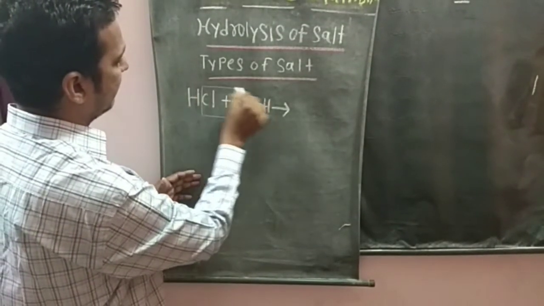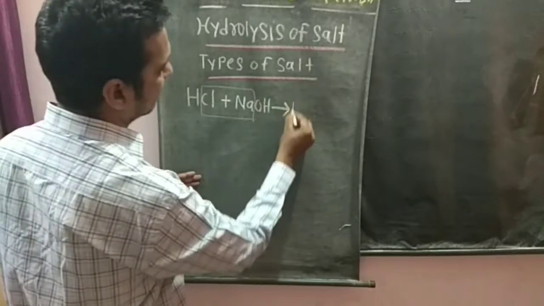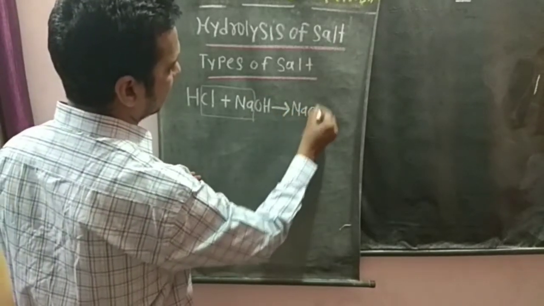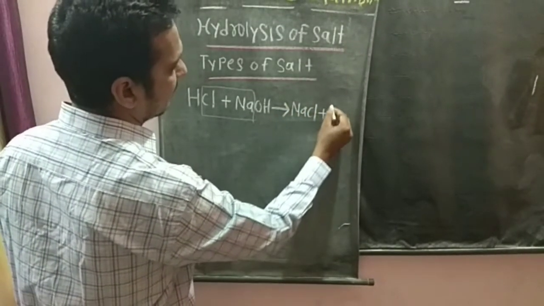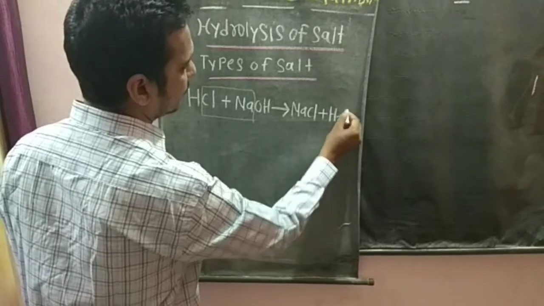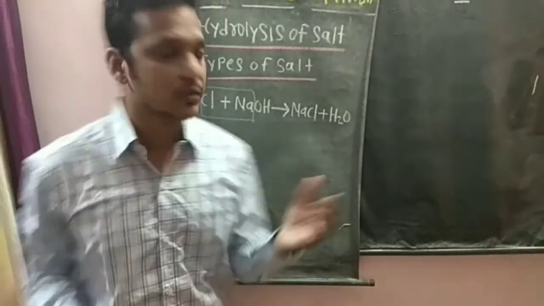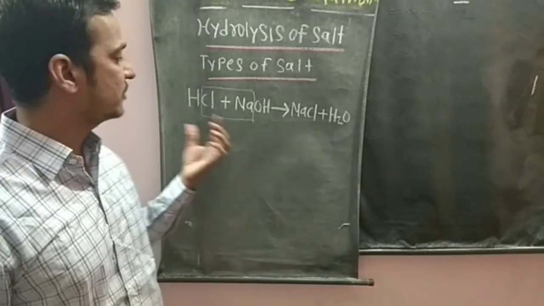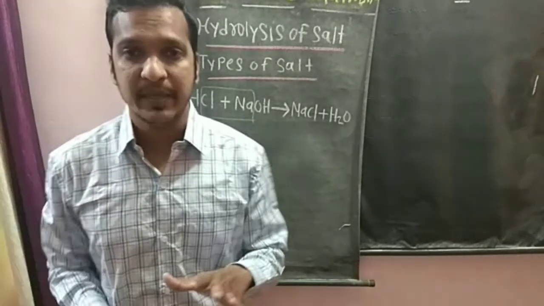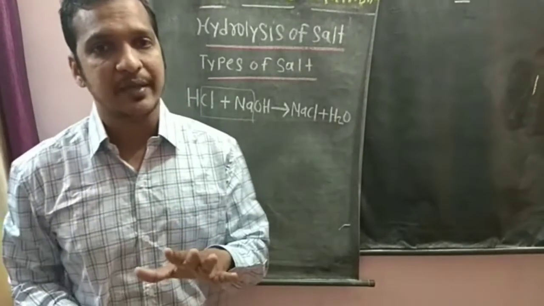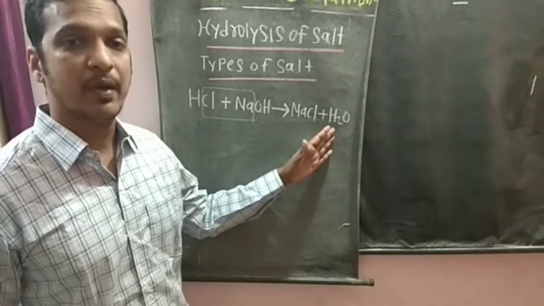I just round off here, NaCl salt, plus water molecule H2O. So this is the formation of salt. As we know, any salt is made up of a reaction between acid and base. Now this is also called a neutralization reaction because of the formation of water.